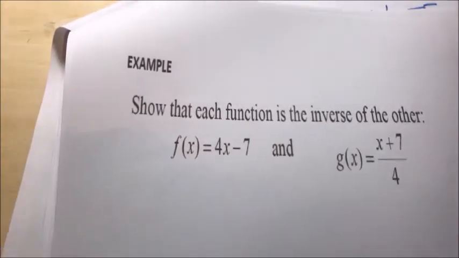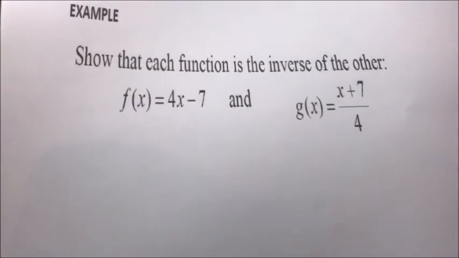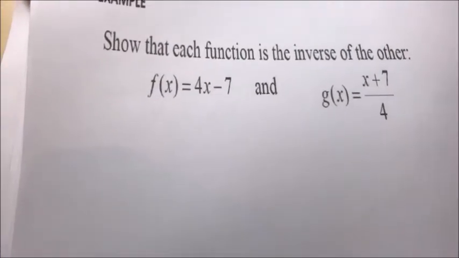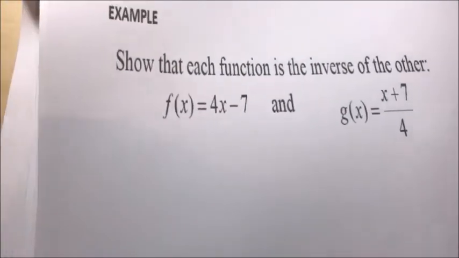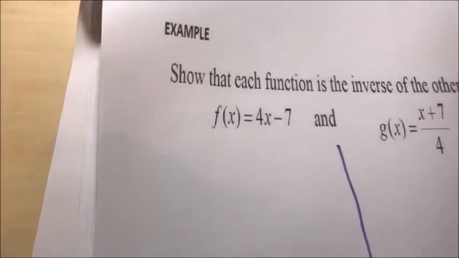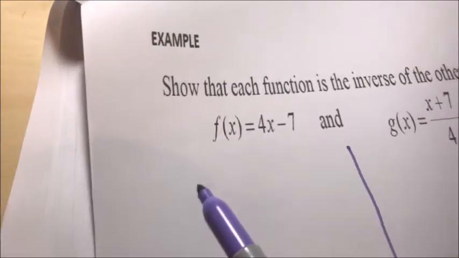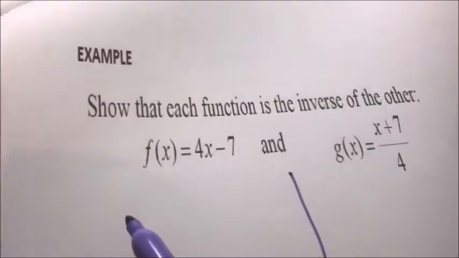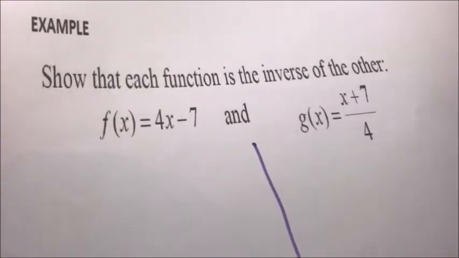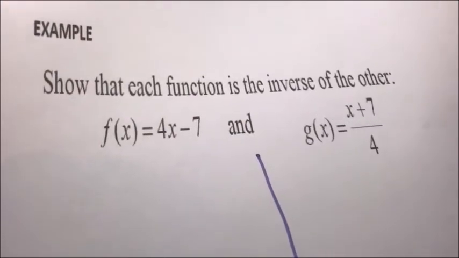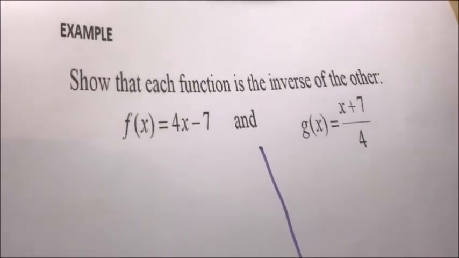So in order to show that two functions are inverse of each other, you need to show that when you compose them in both directions, you get the identity. So let's look at this situation here. This is f of x. F of x is equal to 4x minus 7, and g of x is x plus 7 over 4.